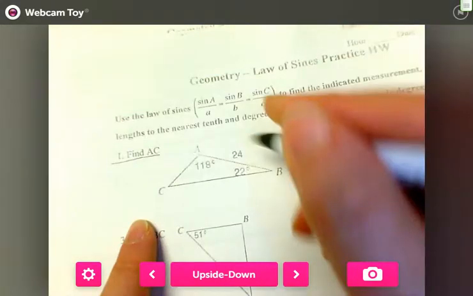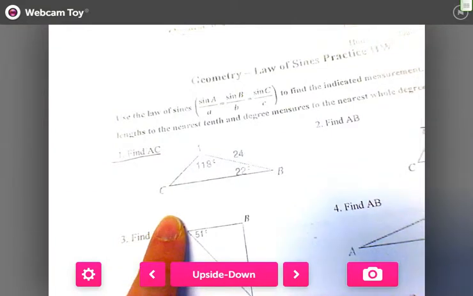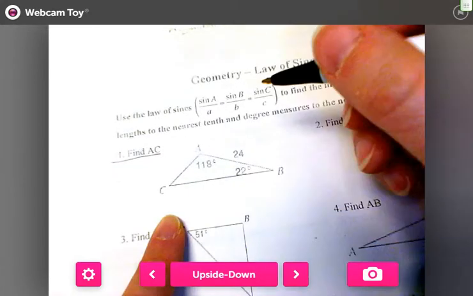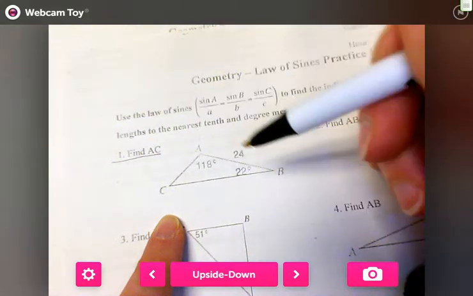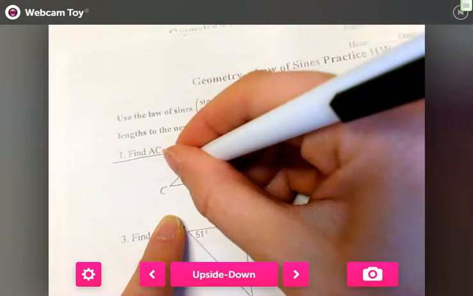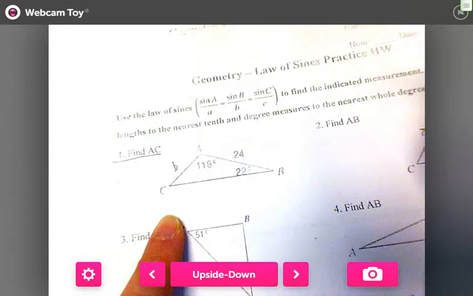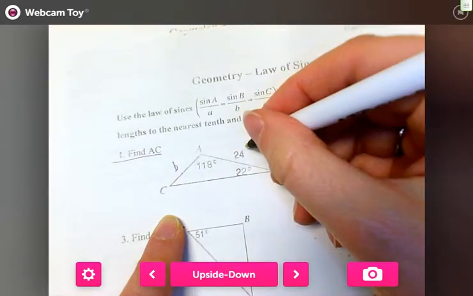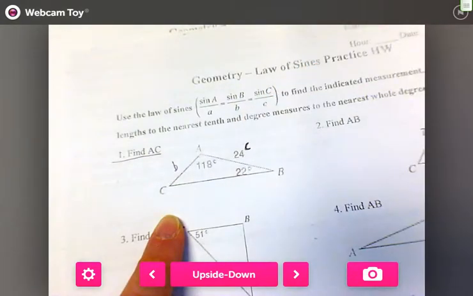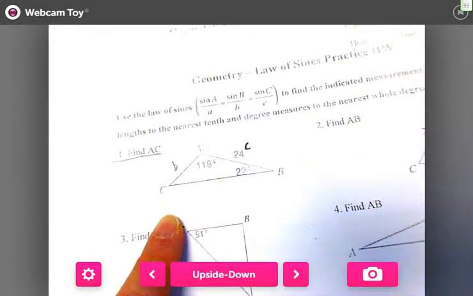So the important thing with this is that you label the sides. The sides are going to be lowercase. The angles are going to be capital letters. So AC is across from B, so I'm looking for little b. And I have side little c. The first thing I'm going to notice is I don't have angle C. Can I find angle C?